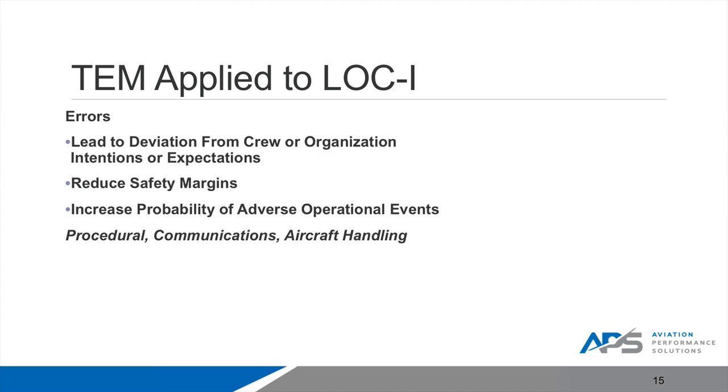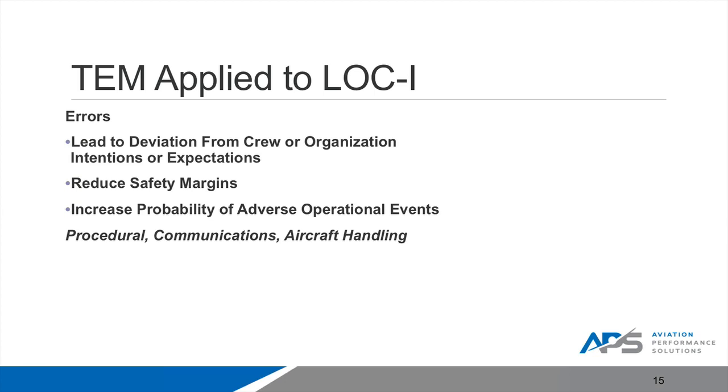Examples include accidentally missing a checklist step or purposely omitting that step. Communication errors can be between the pilots or with those outside the cockpit. And finally, aircraft handling errors are identified as those involving skill or knowledge in handling the aircraft. Aircraft handling errors result in deviations of aircraft direction, attitude, velocity, and configuration.